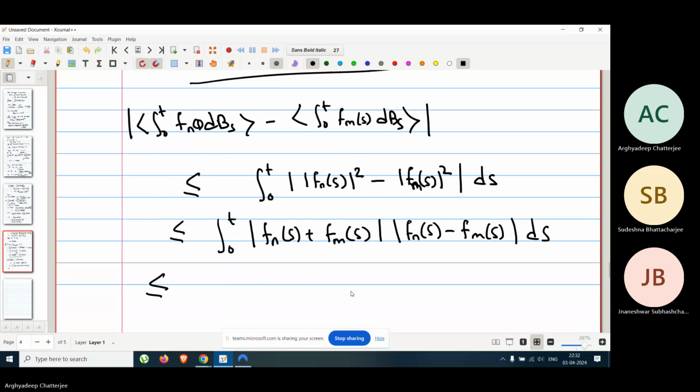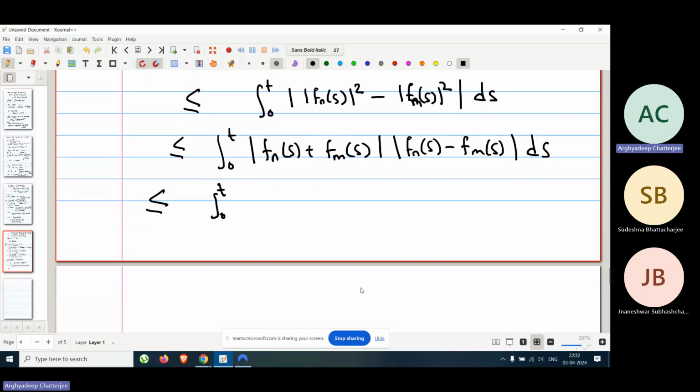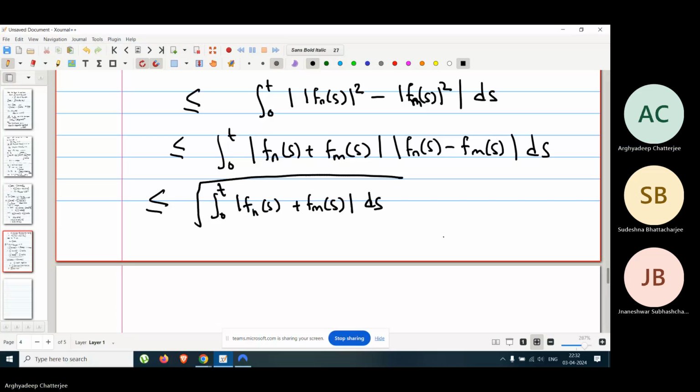Okay, that's why I'm writing this. Otherwise this is not very important, because we expect that this should occur. Otherwise, what's the point of even defining it? This is just the Cauchy-Schwarz inequality.